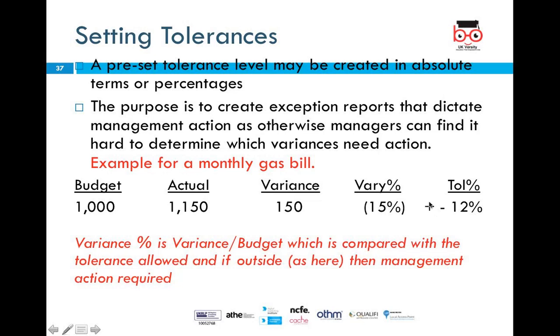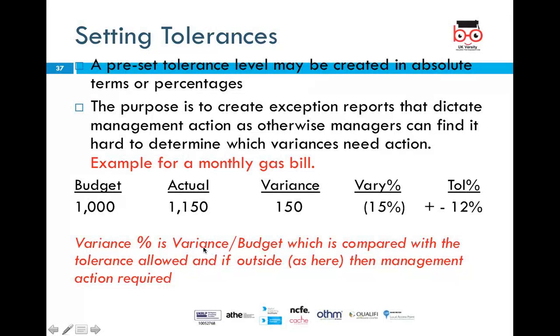If we set a tolerance for this variance, plus 12% or minus 12%, then we can accept this variance. And if it exceeds this tolerance level, then we will go for the action. So we'll take the necessary action.